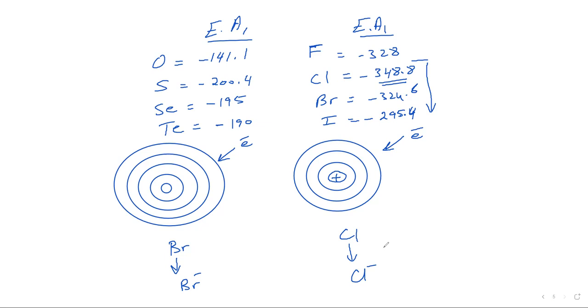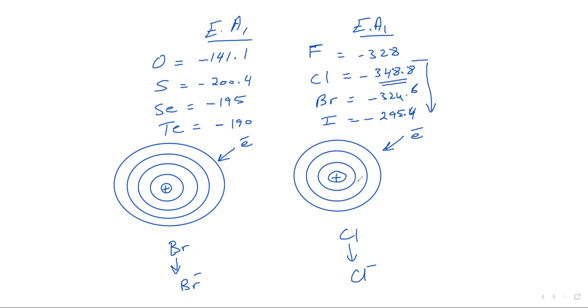Which one, Asil? Bromide. The bromide would accept the electron more. Okay, what do you think, Ahmad? Chloride. Why, Ahmad, did you think that the chlorine atom would accept the electron more readily or more easily? Because it has a smaller atomic radius, so it has a greater tendency to attract an electron.